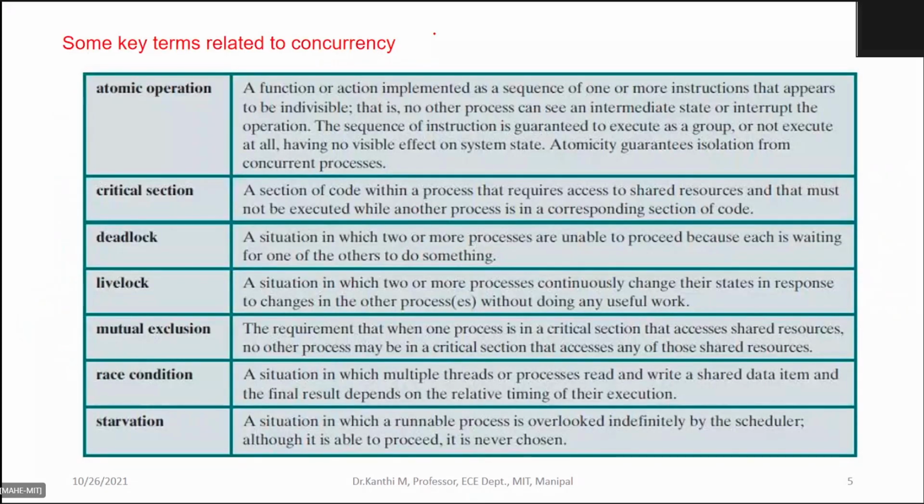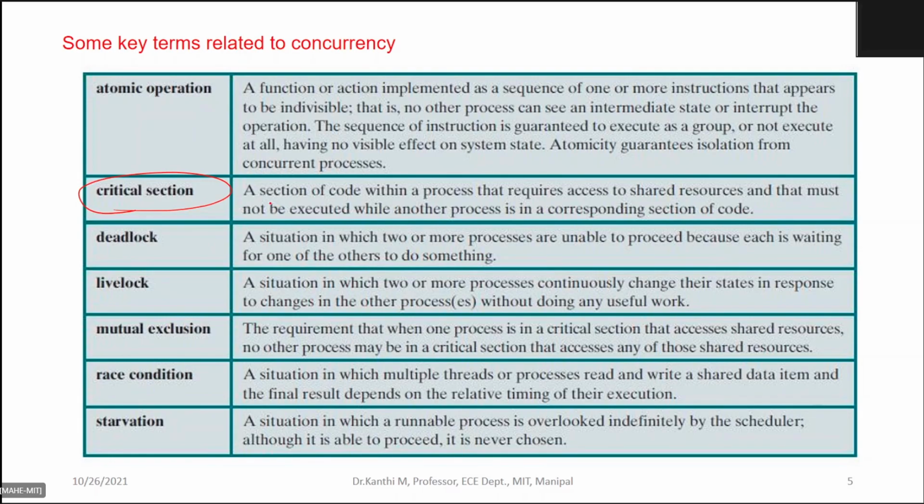Some of the key terms we need to understand with respect to concurrency: a few of them I'll explain later, because you'll understand them better then instead of my dictating the definitions now. Maybe some of the simple ones which we are going to address, those I'll give. Critical section and such are used in your resource handling, but it's quite simple.